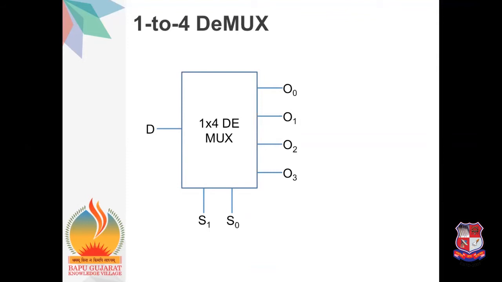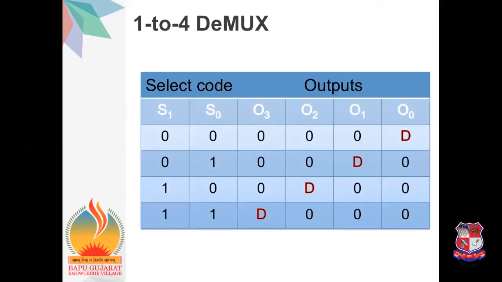and O3. For that, in the function table, due to the 2 selection lines, 4 possible combinations are there, and based on the different combinations of the selection lines, it gives the output. Whenever both the selection lines are low, at that time output O0 is activated and gives us the D value.